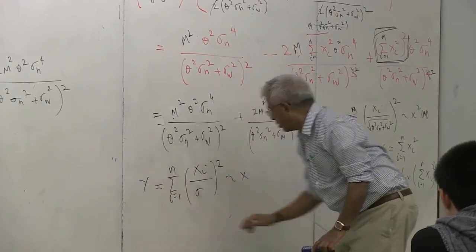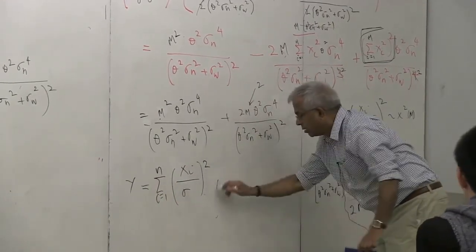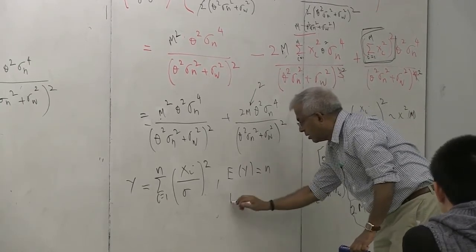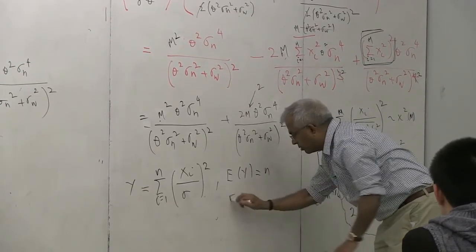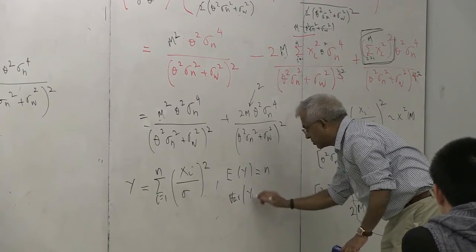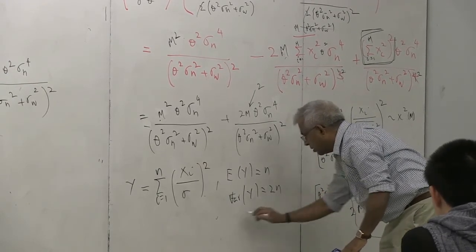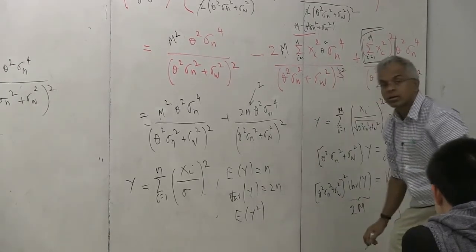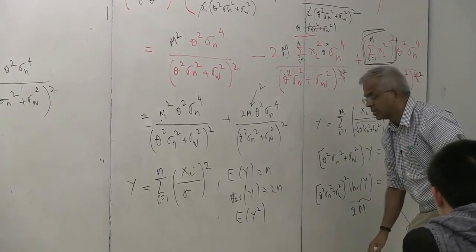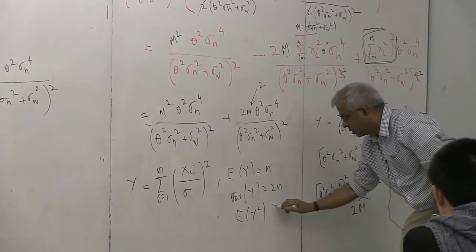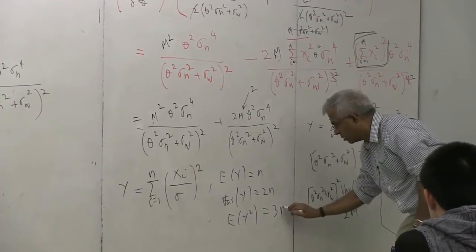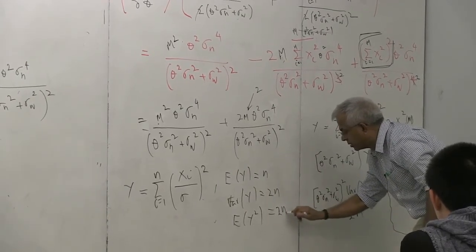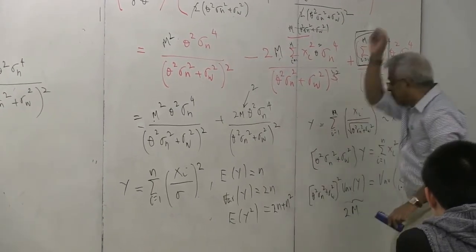This if I call y, expected value of y is n, variance of y is 2n. So expected value of y squared is what? 2n plus n squared, right? That's where I made the mistake, right?